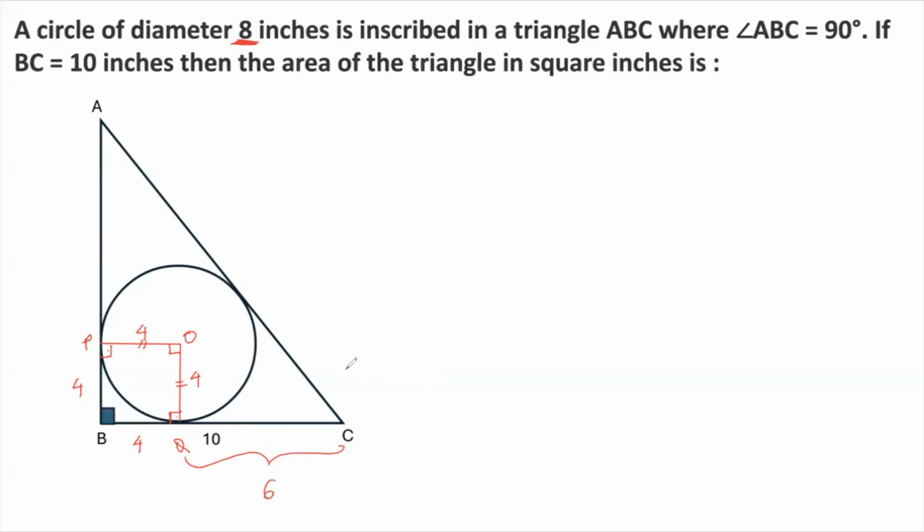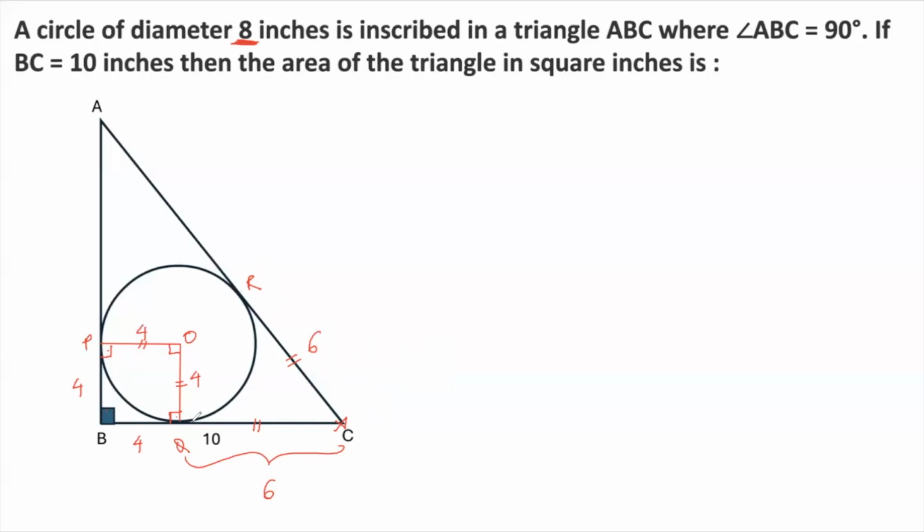And now going further, I notice that from the point C, I have two tangents drawn to the circle, CQ and CR. The lengths of tangent segments from an external point to a circle are always equal. So if CQ is 6, CR would also be 6. In the same way, from the point B, I have two tangents to the circle, BP and BQ.